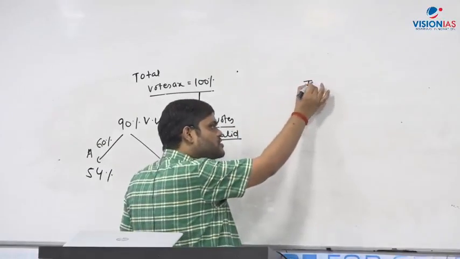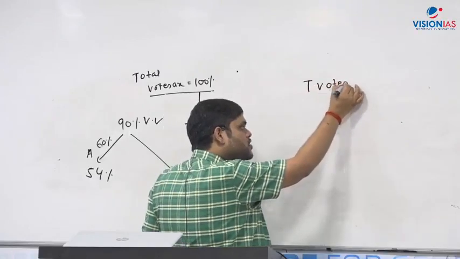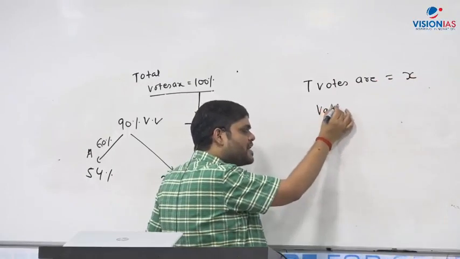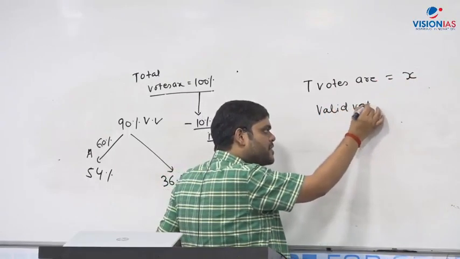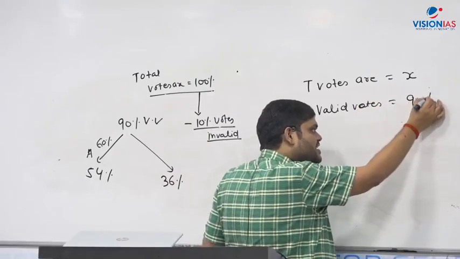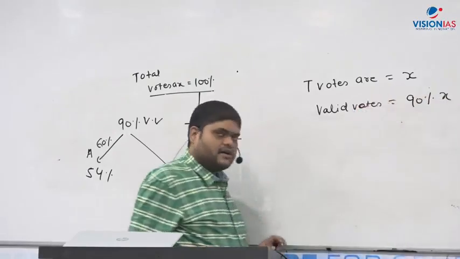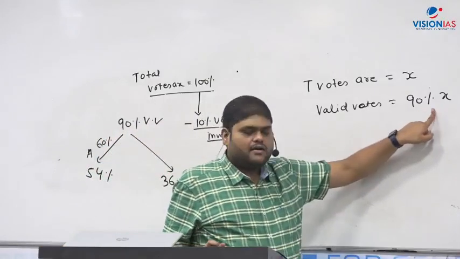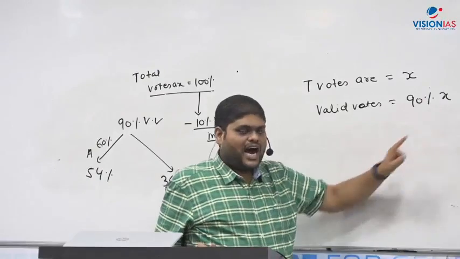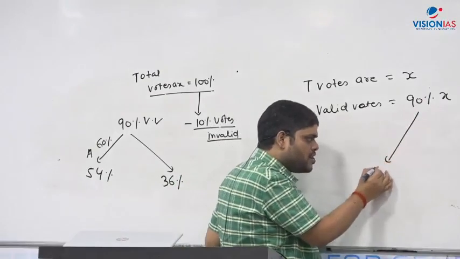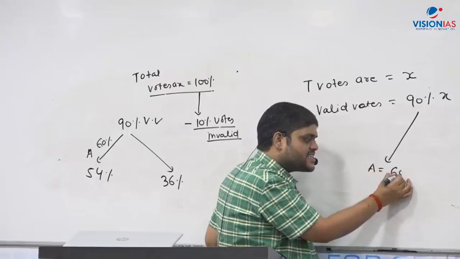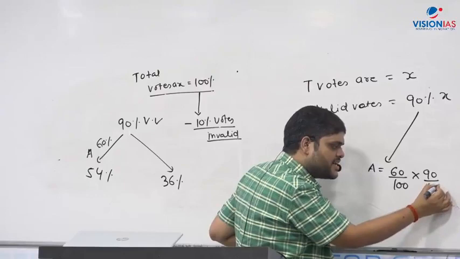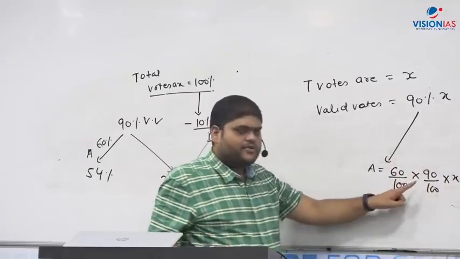Suppose total votes are X. So valid votes are how many? When 10% votes are invalid, 90% votes are valid. I hope nobody has a problem here. Out of this valid vote, A is getting 60% of the valid votes.